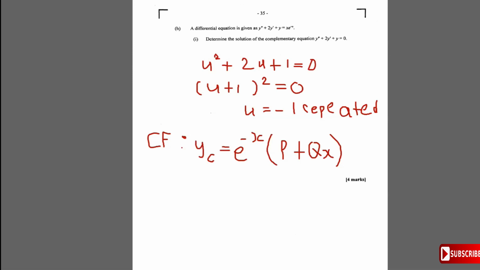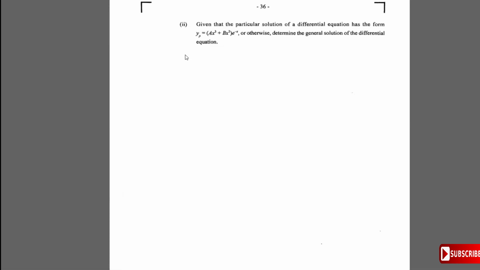Moving right along, it says, given that the particular integral is this, then determine the general solution of the differential equation. So first thing, it gives us the particular integral.